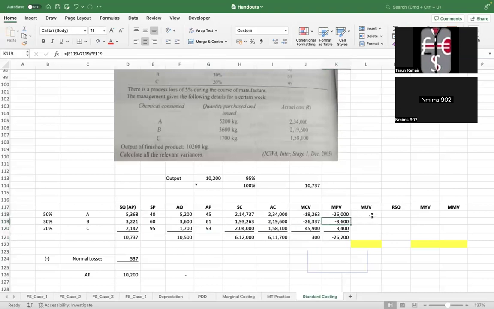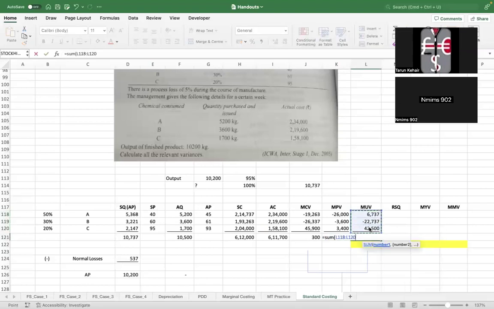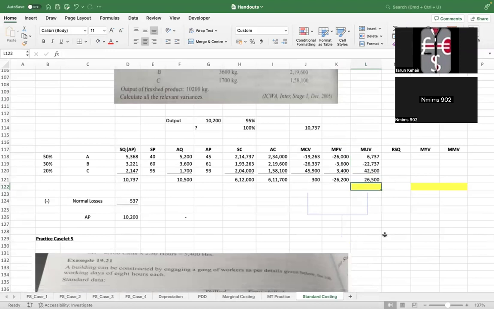What is your usage variance? Standard quantity minus actual quantity into standard price. Standard price. Always standard price. Take your total. It's 26,500 positive. So now if you add your price variance and usage variance, what will you get?